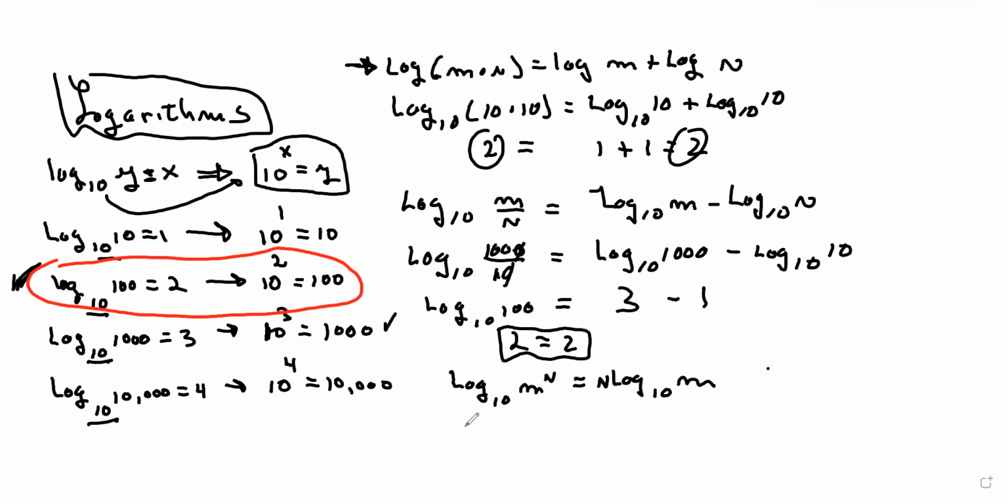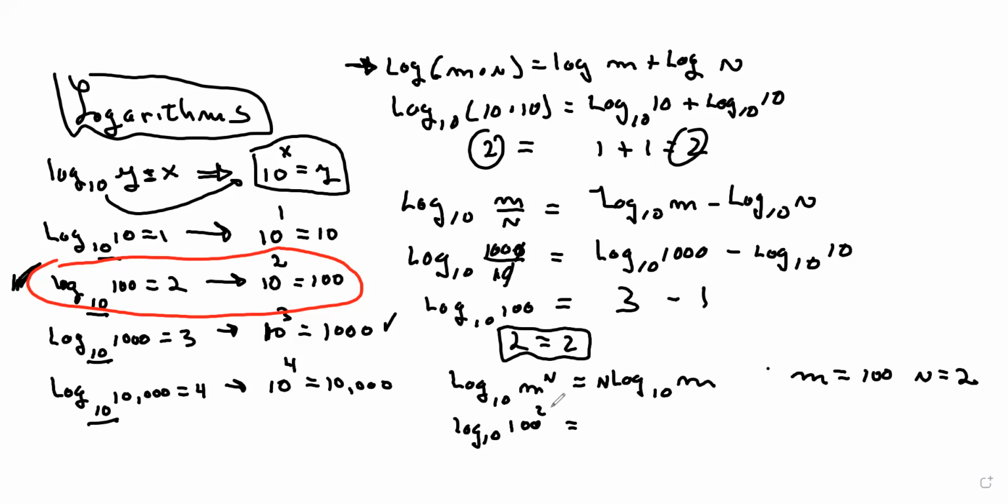So we have the logarithm base 10 of, let's say, 100 elevated to the square. In this case, our m is going to be 100 and our n is going to be 2.